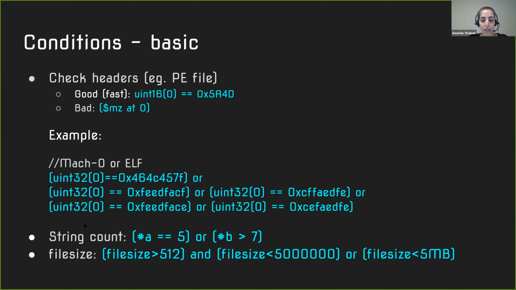And then the next four, 0xFEEDFACF or 0xCFFAEDFE or the other two, are all sorts of magic headers of executable files that are found in macOS executable applications. And as you can see, because these are 4 bytes, we have uint32 at offset 0.